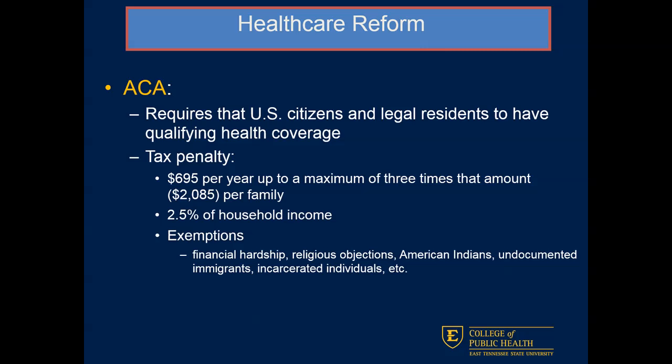Now, we said there is the individual mandate, and we said there is the employer requirement. Along the lines of the employer requirement, that requirement states that employers with 50 or more full-time employees that don't offer some type of health care coverage to at least one full-time employee are going to have a tax penalty of $2,000 per full-time employee, excluding the first 30 employees.